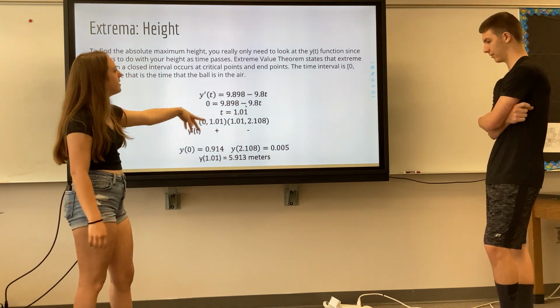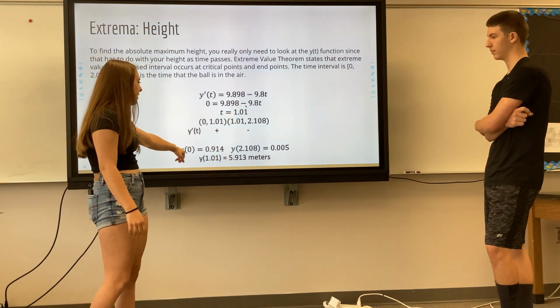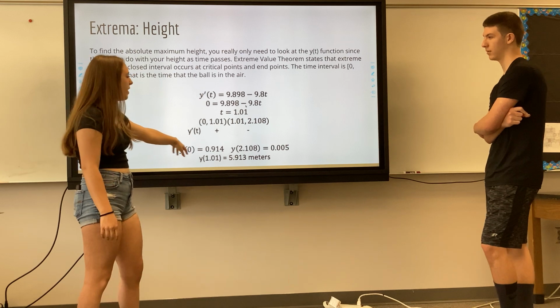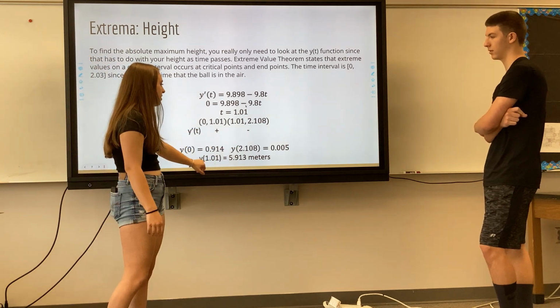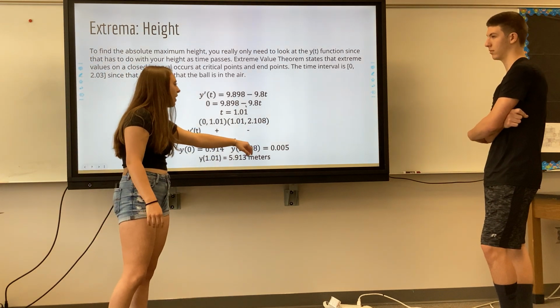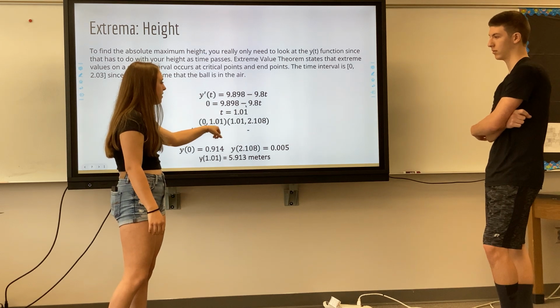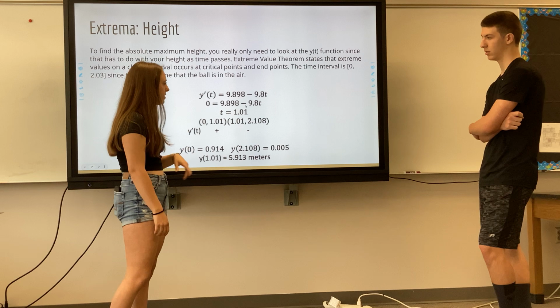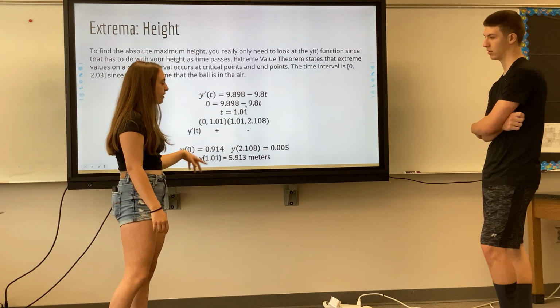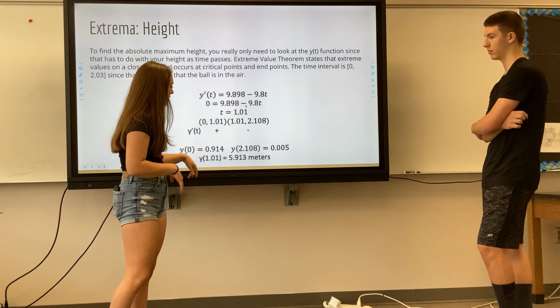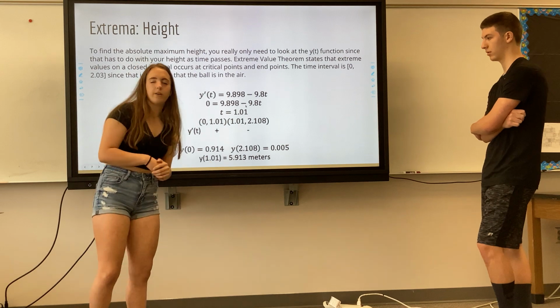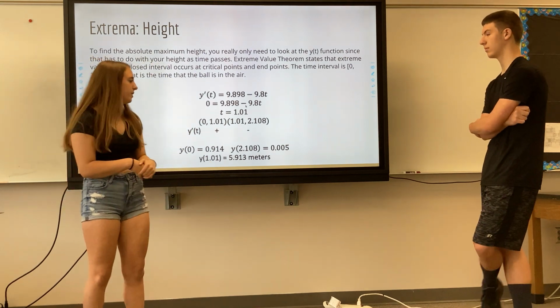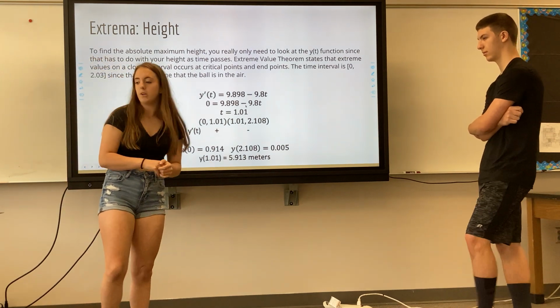Then I basically used the extreme value theorem and stated that you have your two endpoints on the closed interval, and both of those obviously aren't the max, so you use your critical numbers, figured out that it was increasing and decreasing, so I know that time is where our relative extrema is, and then I inputted that into the original y of t function to get a max height of 5.913 meters.